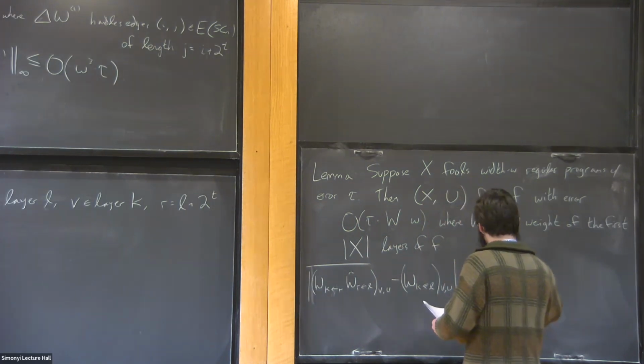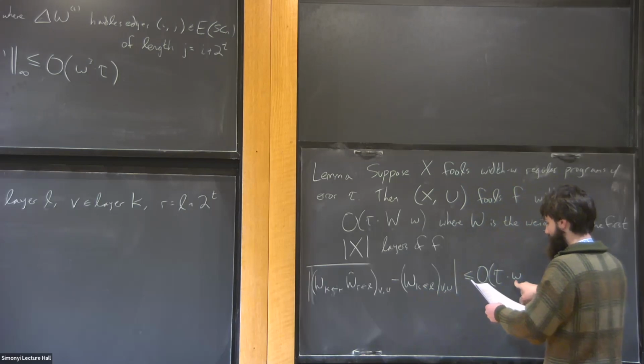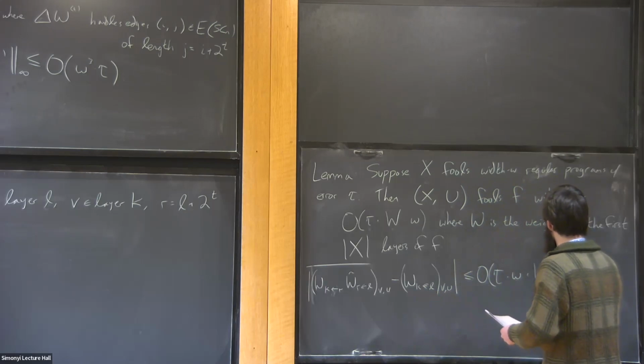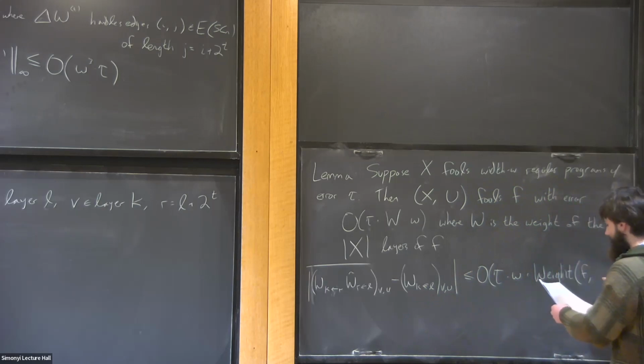You get this tau times some little factor of W that maybe doesn't matter, and then times the weight of our program if you only look at edges in the layers from R to L.